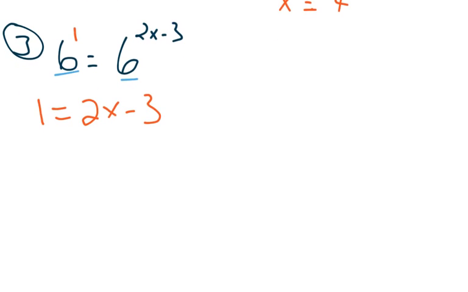Got to add 3 to start with. Got to get rid of this minus 3 by adding it. So 1 plus 3 is 4. So 4 is equal to 2x. And then one last step, divide by 2. And we'll find that x is equal to 2.